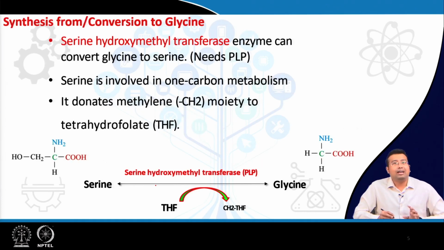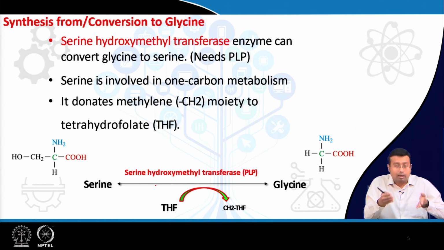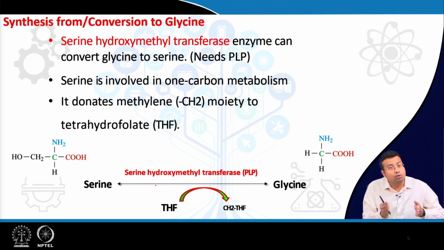So, the enzyme serine hydroxymethyl transferase, we already know about this. We have read this in glycine synthesis, where serine was used in the synthesis of glycine. The reverse, and I told you the enzyme is reversible, the enzyme requires pyridoxal phosphate, that is vitamin B6.